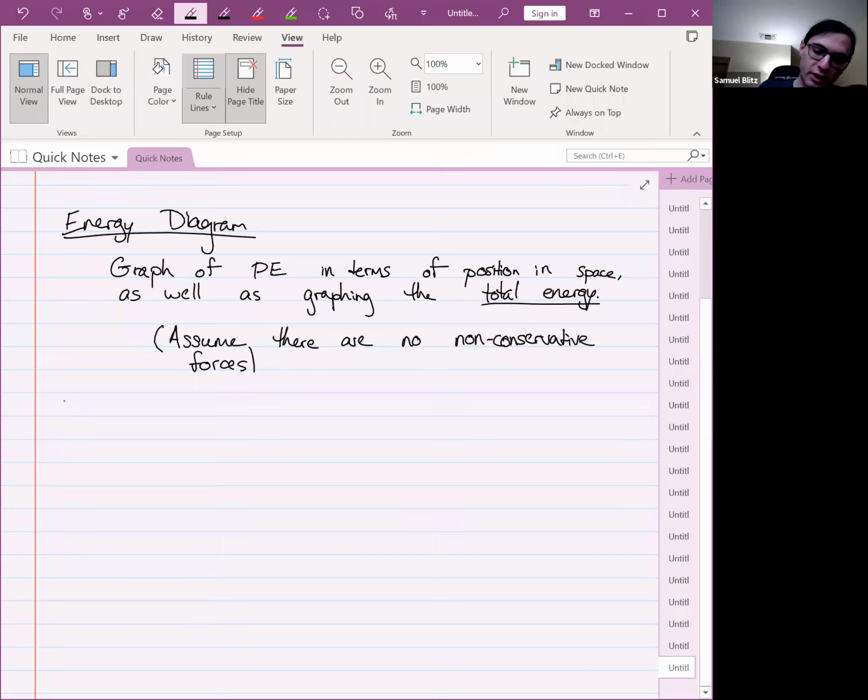So there's a lot to extract from these types of diagrams. So let's look at a simple case just to get going. This is just an object under the influence of gravity, and only that.